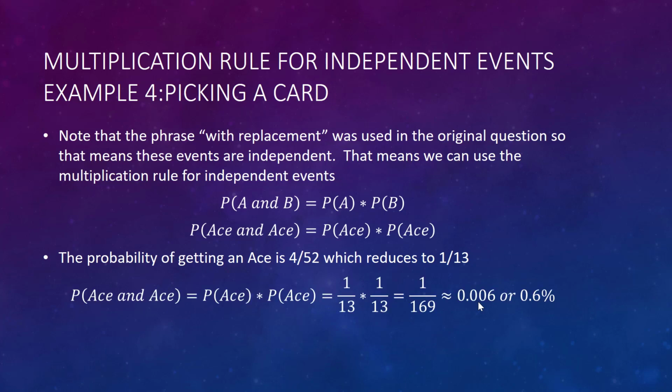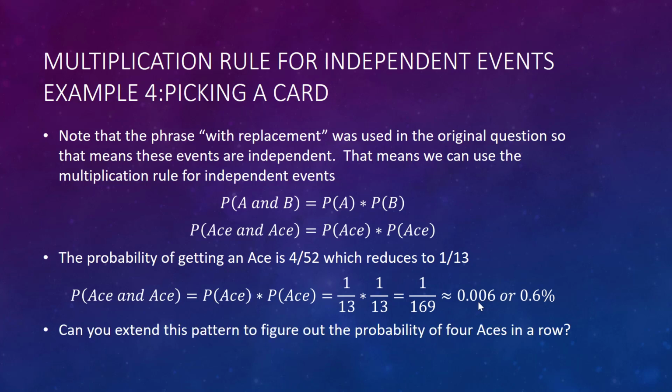Putting that value into our equation, we have 1/13 times 1/13, which is 1 over 169. This is about 0.006 or 0.6%. Can you extend this pattern to figure out the probability of picking 4 aces in a row?